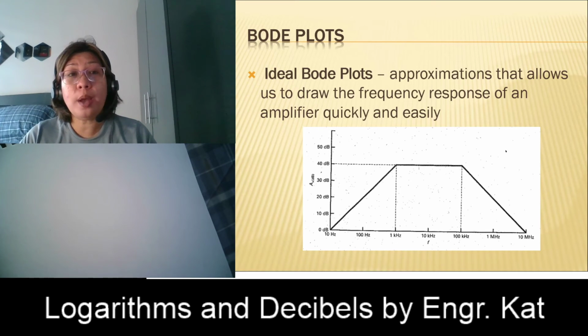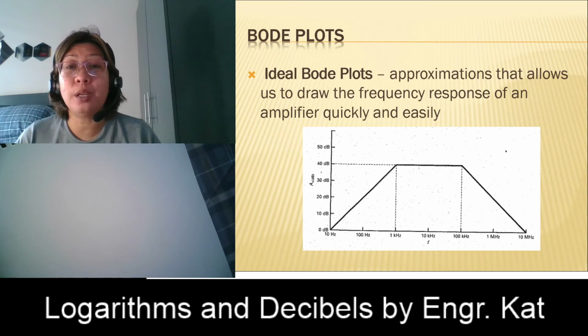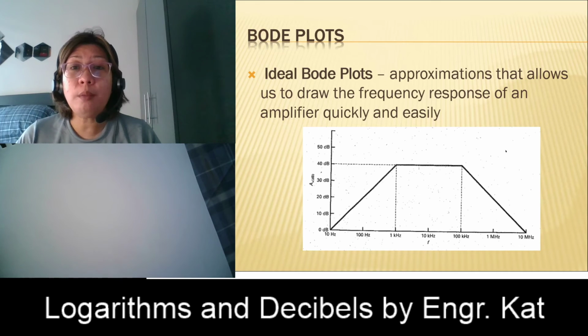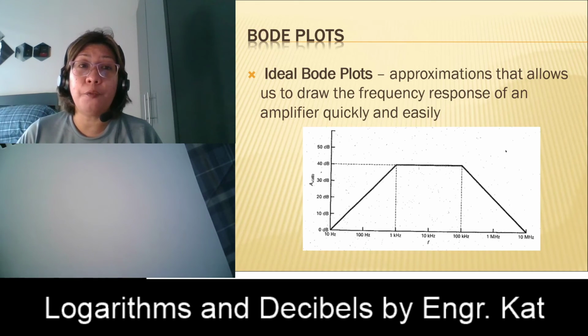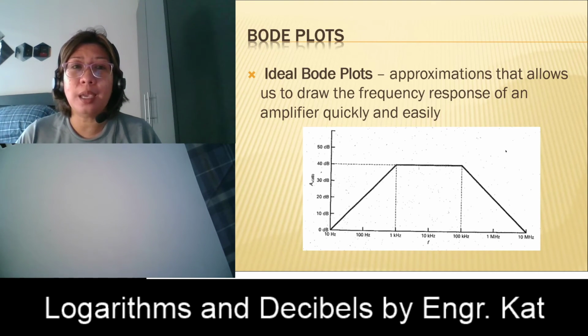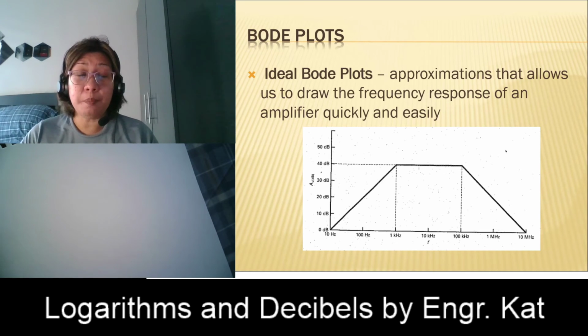The same is true at the upper cutoff. So what is 1 decade higher than 100 kilohertz? That is 1 megahertz. At 1 megahertz, your original gain of 40 dB is down to 20 dB. And another decade, 1 decade above 1 megahertz is 10 megahertz, your decibel voltage gain is down to 0 dB.